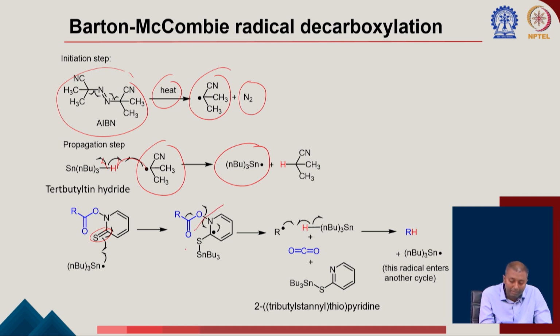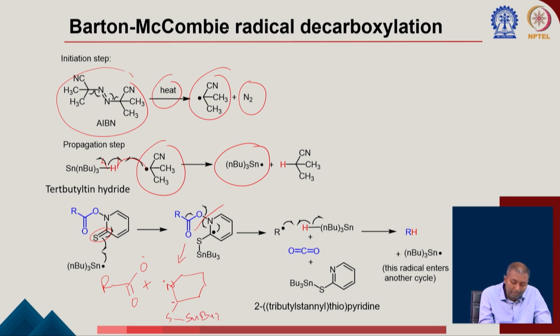Okay, so what is happening after this stage? You are generating this type of radical species, and now you can see you are generating this N dot, then there is an S, SnBu3.